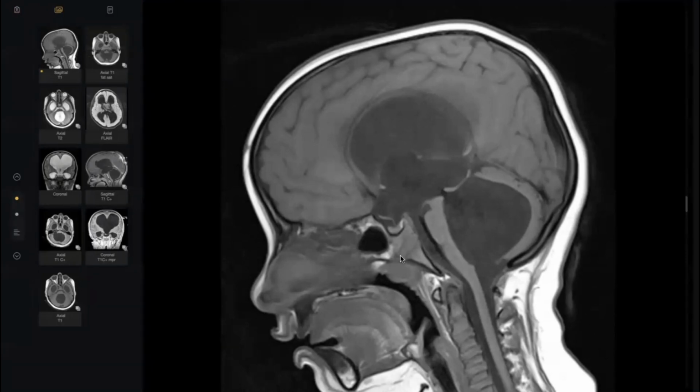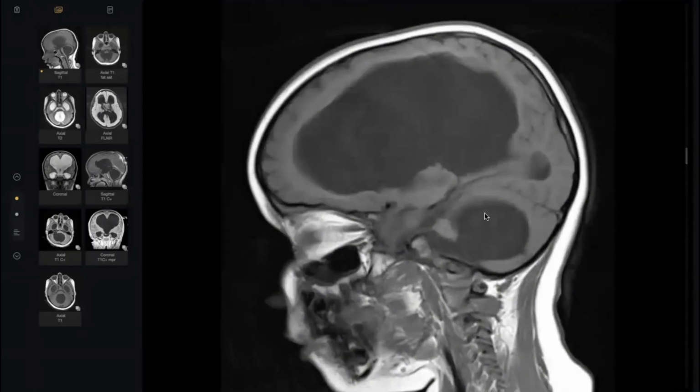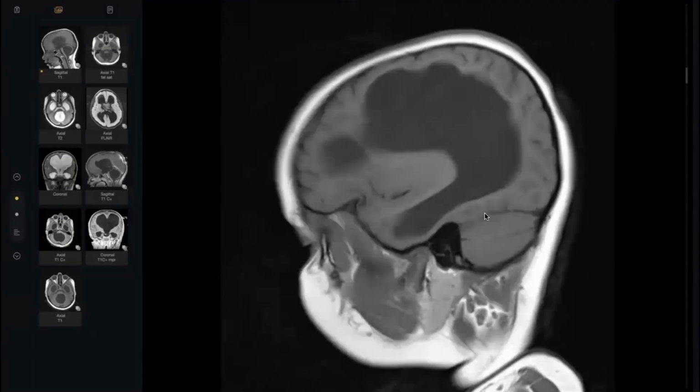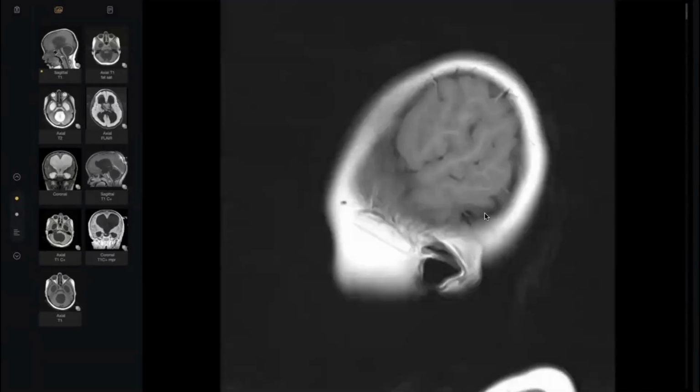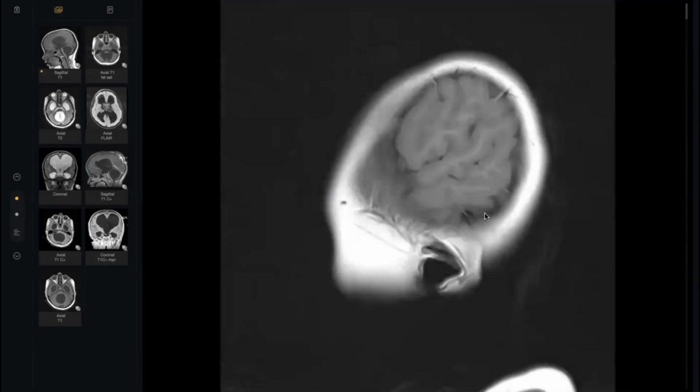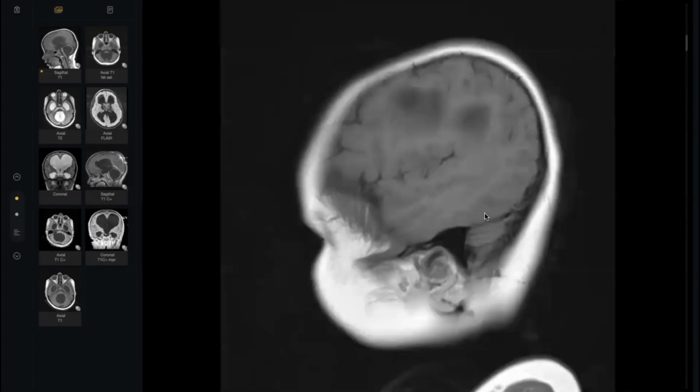Go on. So it's working now. Okay, go on. I am provided with the T1 sagittal weighted images of a child who presented with headache.